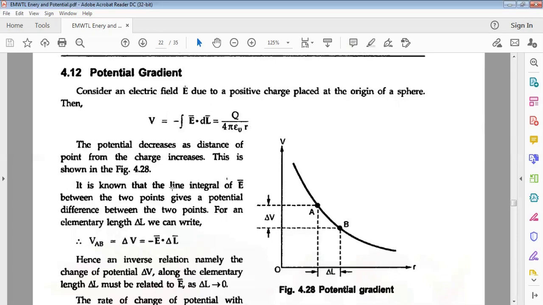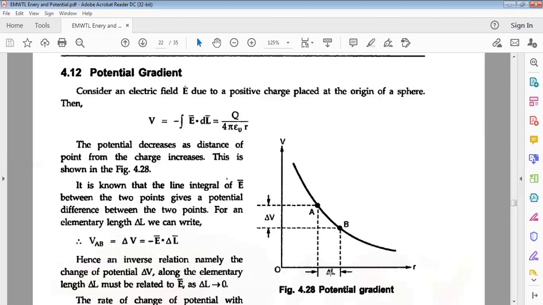It is known that the line integral of E bar between two points gives the potential difference between the two points, for the elementary length delta L. So A and B are differential, or small incremental, lengths.